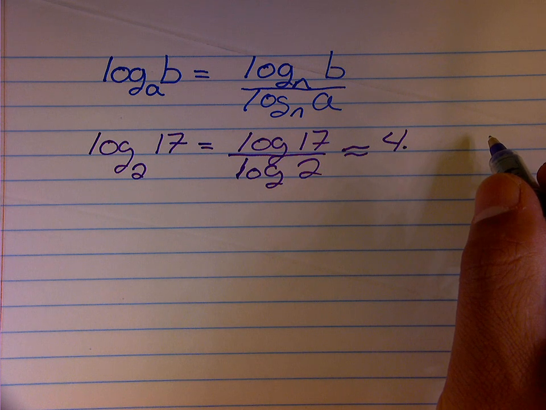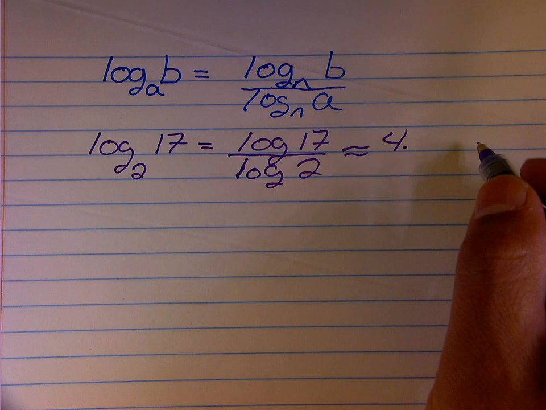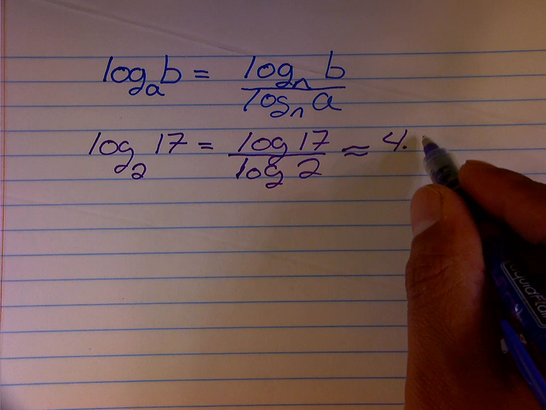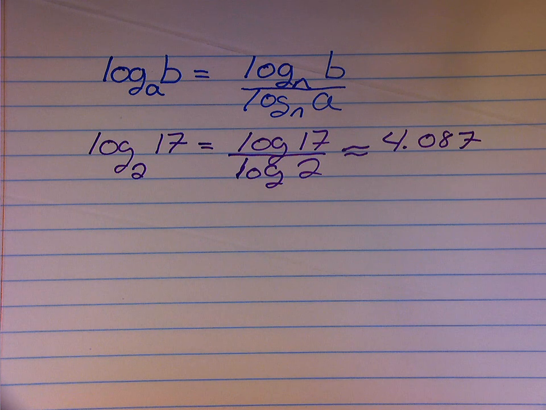Log of 17, close parentheses, divided by log of 2, close parentheses. What does the calculation come up to? 4.087, roughly. But that's a much better approximation to get in your calculator than I can do in my head. So base change is a very nice tool to have.